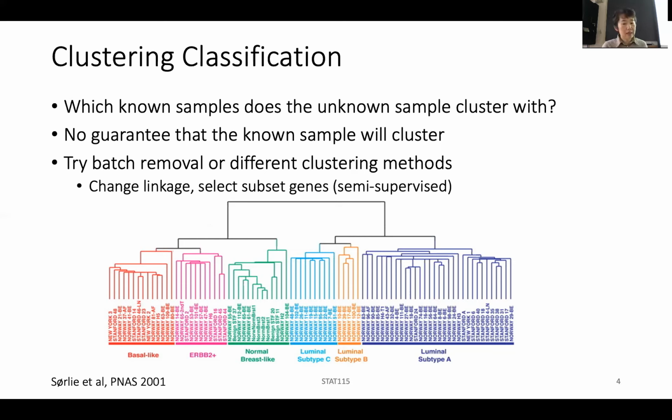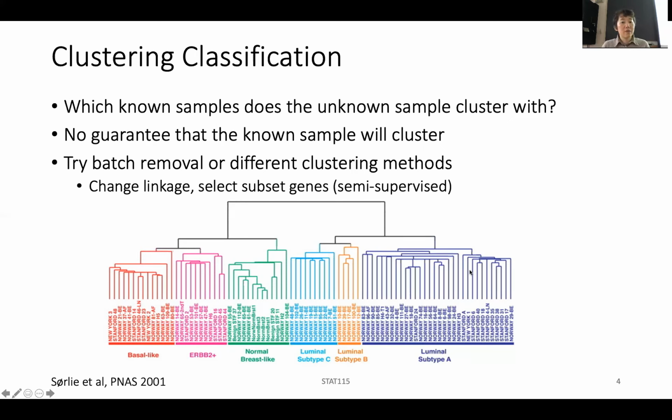Previously, the subtype was already determined by pathologists based on other histopathological features. So without knowing anything about those subtypes, if the scientists just cluster all the tumor samples, you can already see that they cluster by the different subtypes.